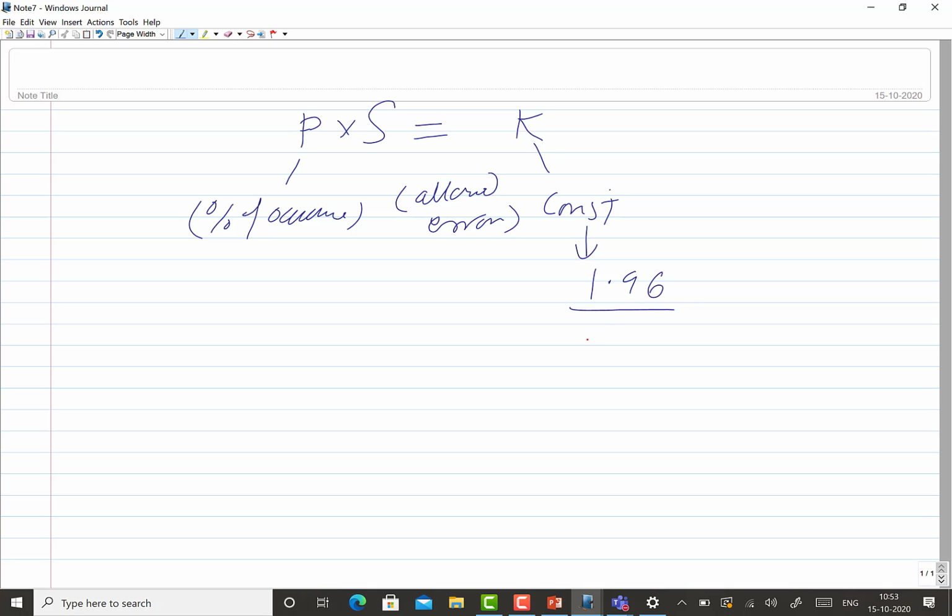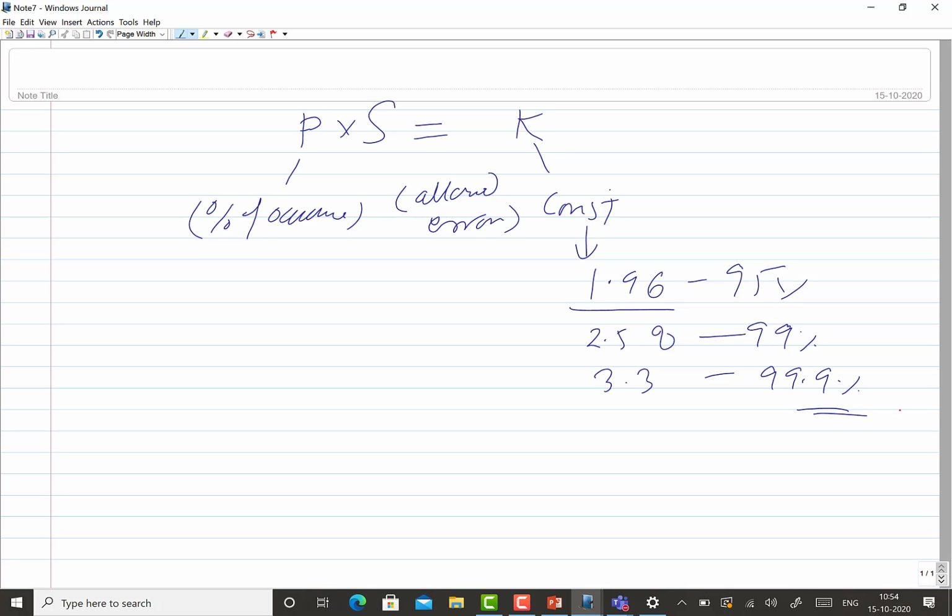Similarly for a 99% confidence level it is 2.58, and for 99.9% confidence level K is 3.3.